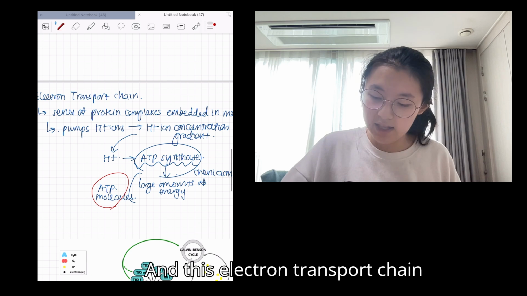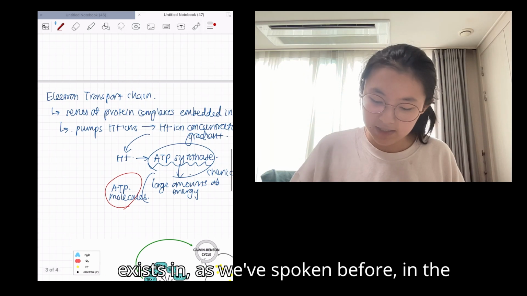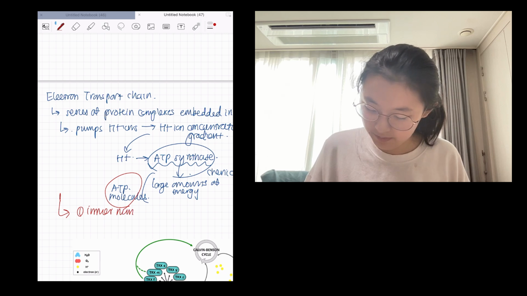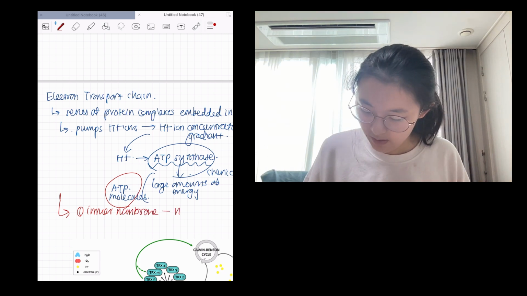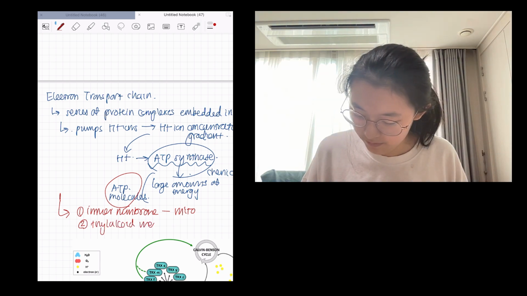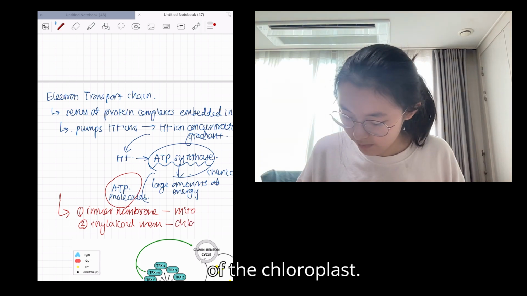And this electron transport chain exists, as we've spoken before, in the inner membrane of the mitochondria and in the thylakoid membrane of the chloroplast.